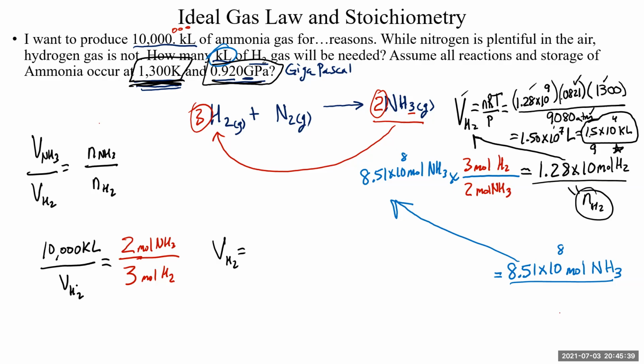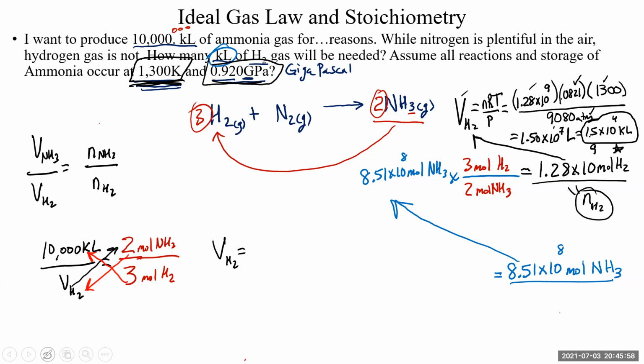To solve for volume, remember, you can't just divide both sides by 10,000 kiloliters. You have to move the volume up. So I move the volume up, I move the 2 down, I move the 3 across. You can only move diagonally across equal signs.